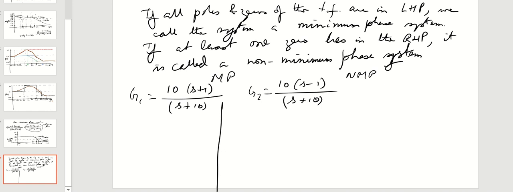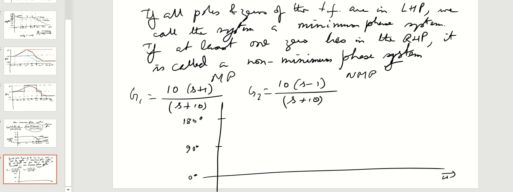All right. So let's say we have this. This is 0 degrees, this is 90 degrees, this is 180 degrees. So consider the minimum phase system.